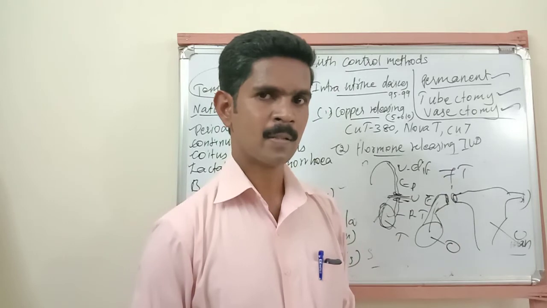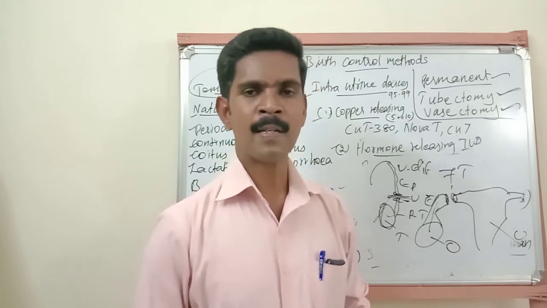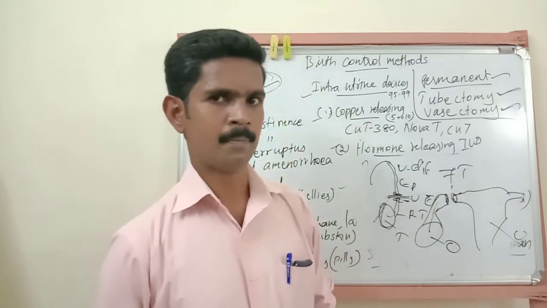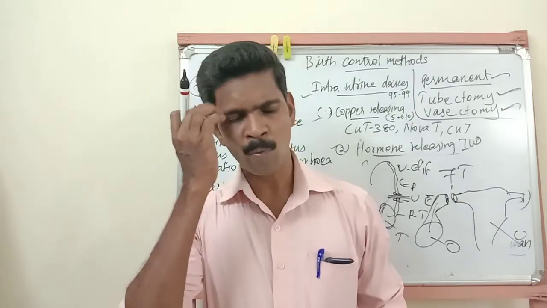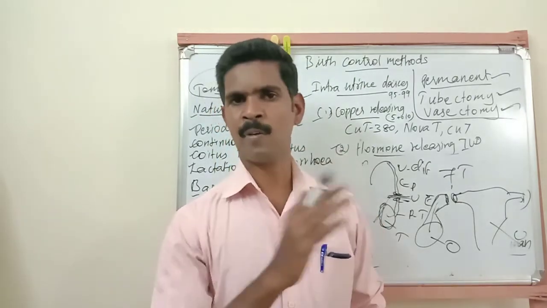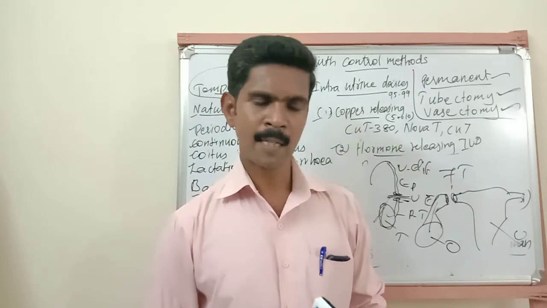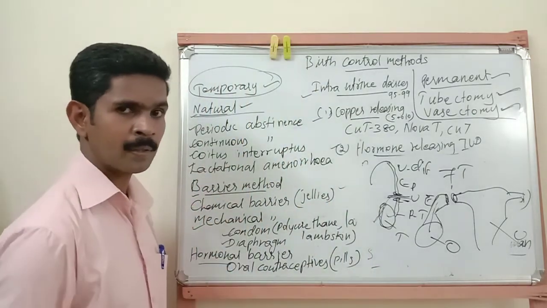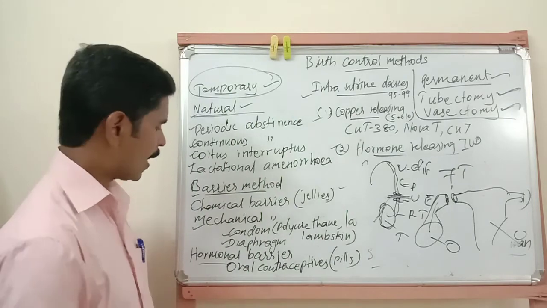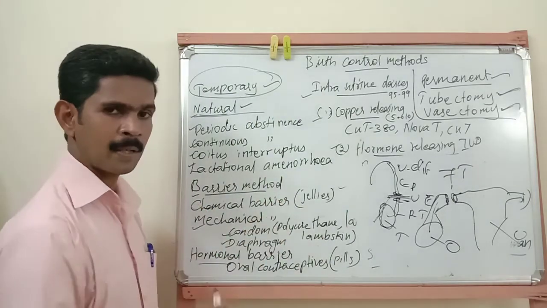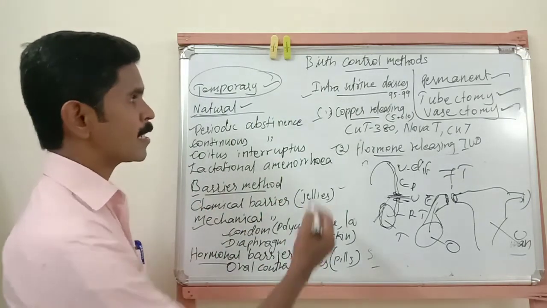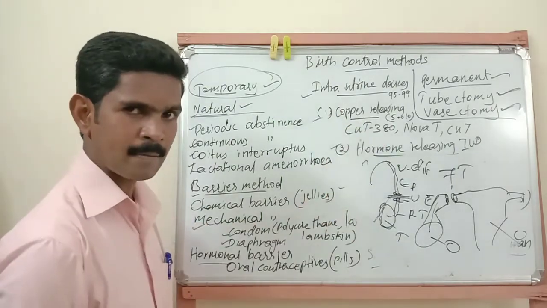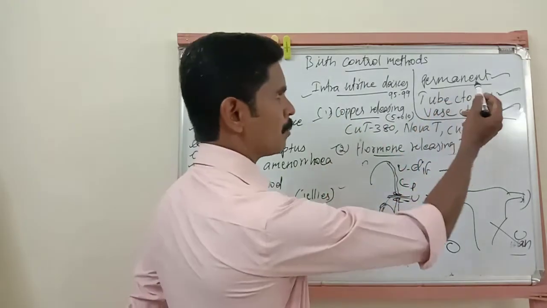Understand, my dear students? So this is a very important 5-mark question. They won't ask this full question for 5 marks. Sometimes they will ask you to write what are the natural methods of birth control, or what are the barrier methods of birth control, or explain the intrauterine devices, or explain the permanent birth control method.